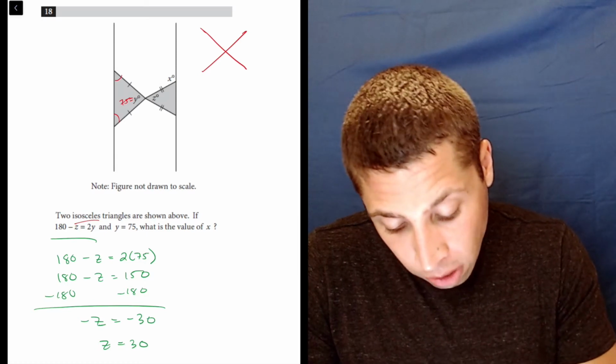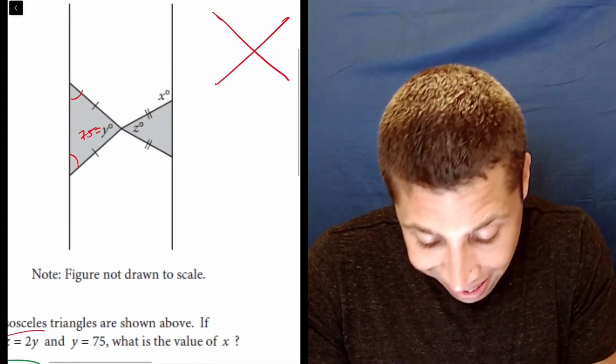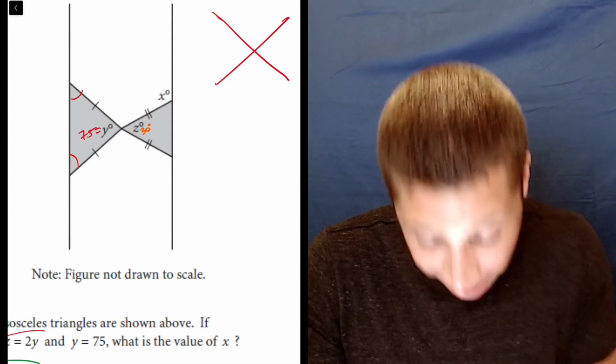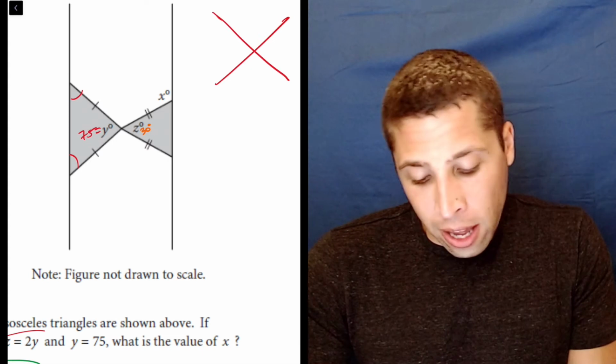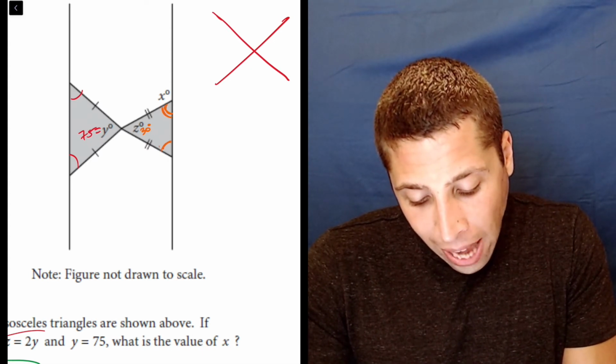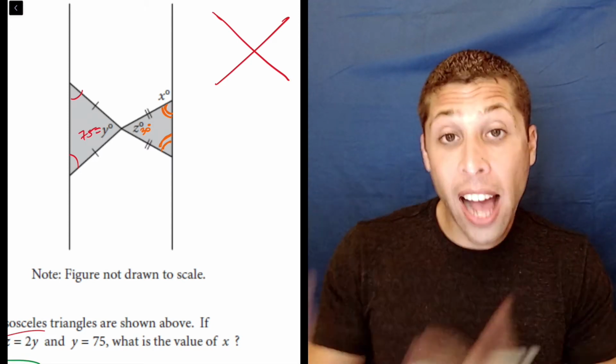Well, this is where the isosceles triangle piece really comes in. If we know that this is 30 right here, we know that these two angles have to be the same because they're opposite sides that are the same.